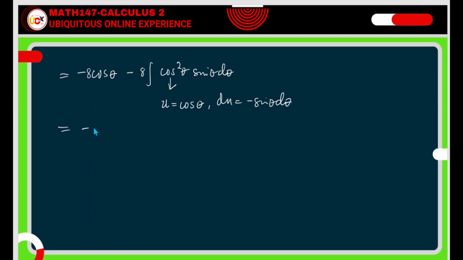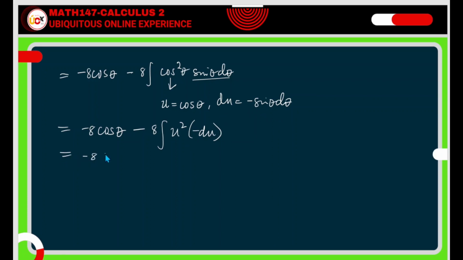So by substitution, we can write the first term as negative 8 cosine theta minus 8 times, if we let u as cosine theta, then this should be u squared. And how about sine theta d theta? You solve for sine theta d theta by multiplying both sides by negative 1, so sine theta d theta is negative du.